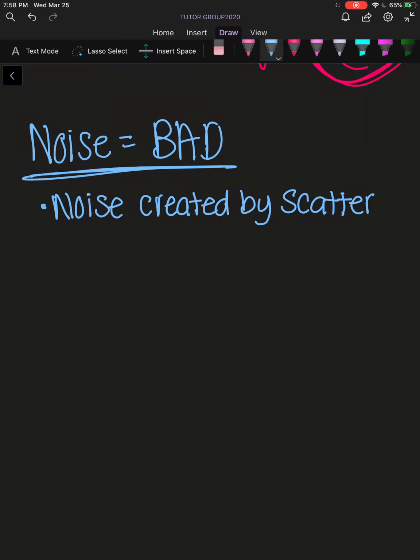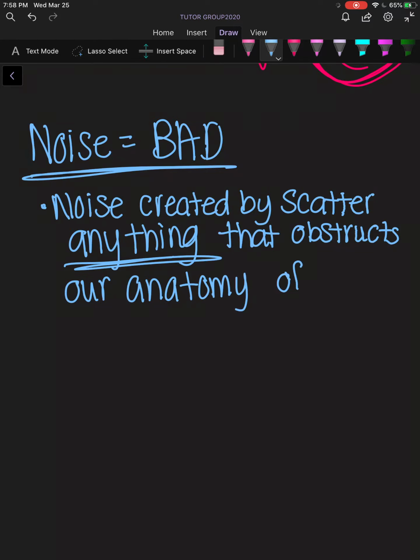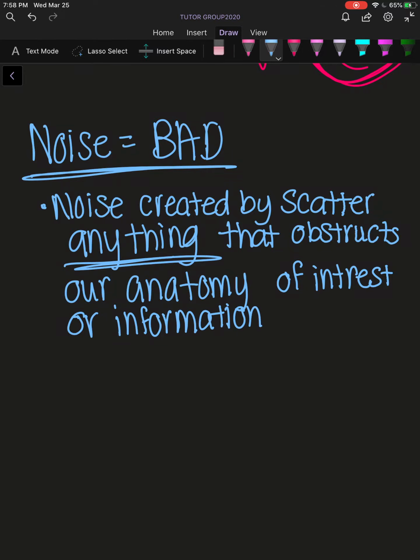But also, noise is anything that obstructs our anatomy of interest, or information that we need to get off of this image to be able to give it to the radiologist and then them give it to the doctor so they can diagnose their patient.